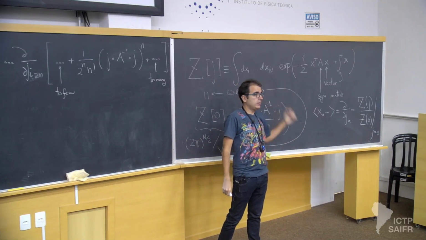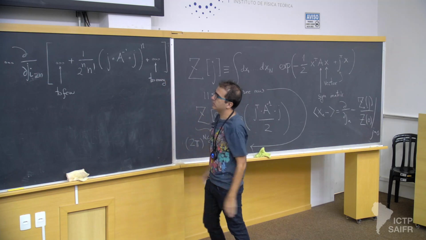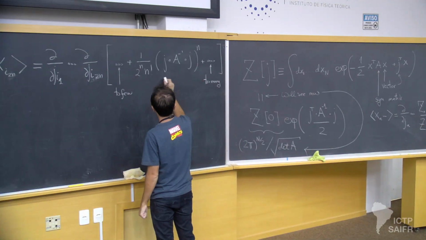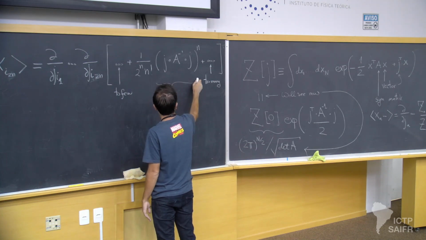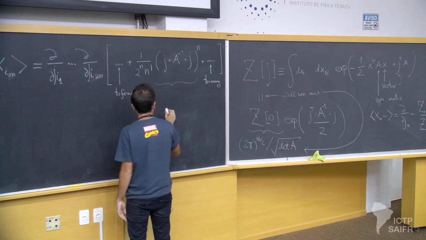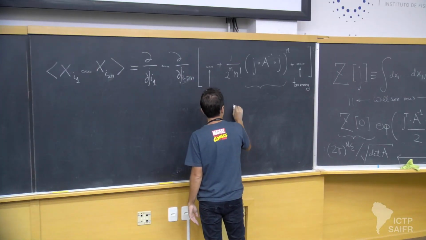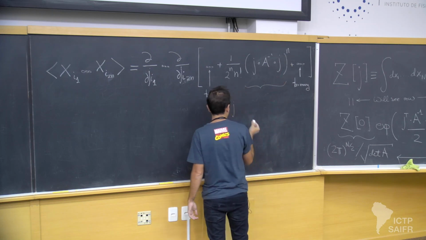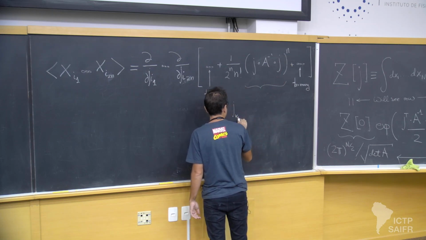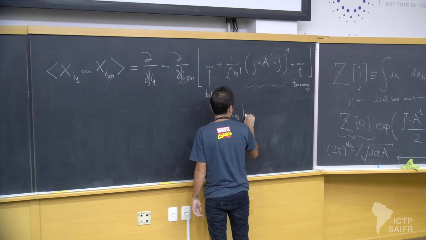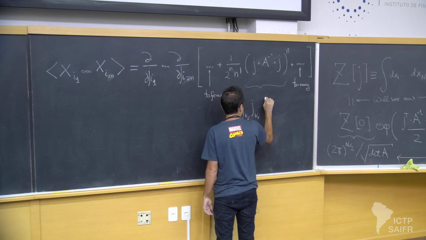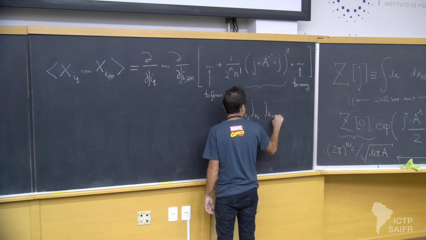So we just need to take the derivative of this term here, which we could write like this. There are 2n j's, so let me call them j index k1, j index k2, j index k3, dot dot dot, j index k2n.